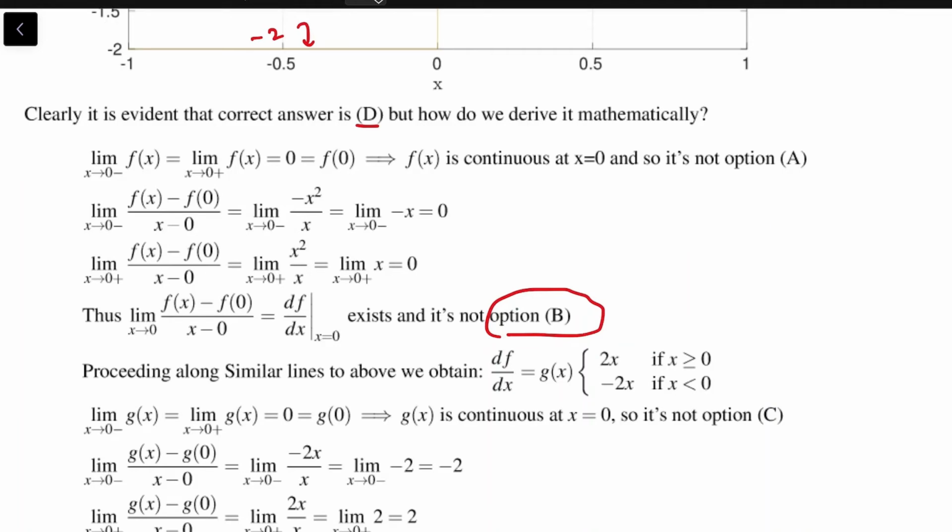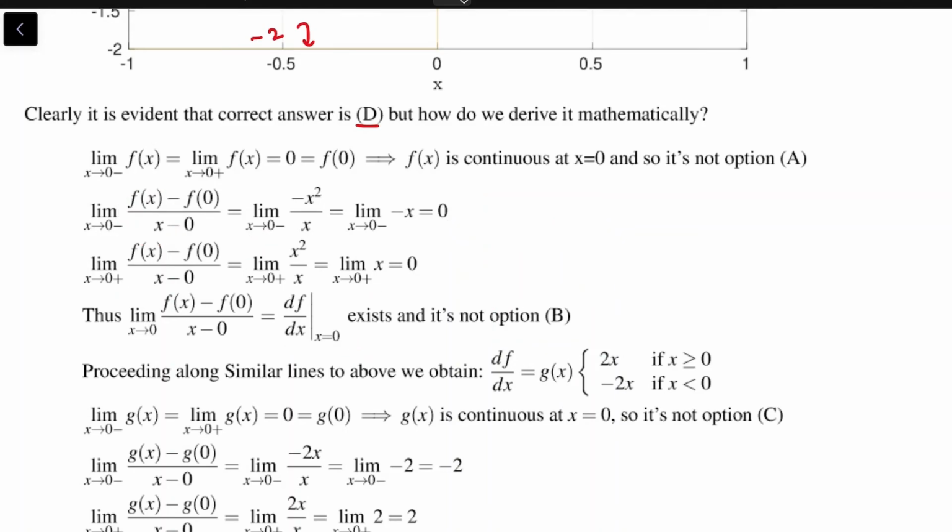Luckily for us, f of 0 is 0, so it's just looking at the f of x by x relationship. So for x tends to 0 minus, it's minus x square by x, which is limit x tends to 0 of minus x, so that's 0. Similarly it will be plus x over here for x tends to 0 plus, and that will be 0. The LHL equal to RHL, and so you can say that the df by dx at x equal to 0 exists. So it's not option B either.